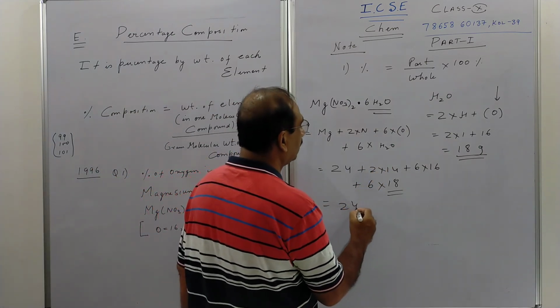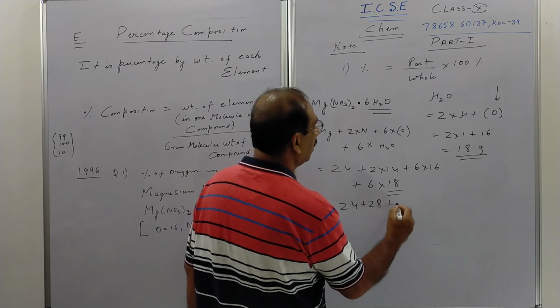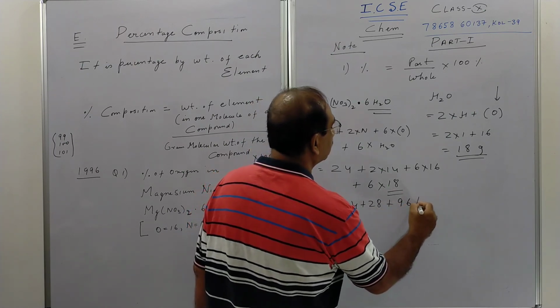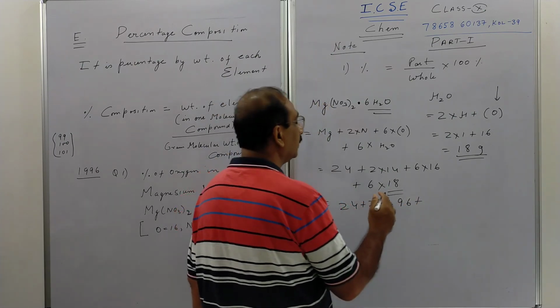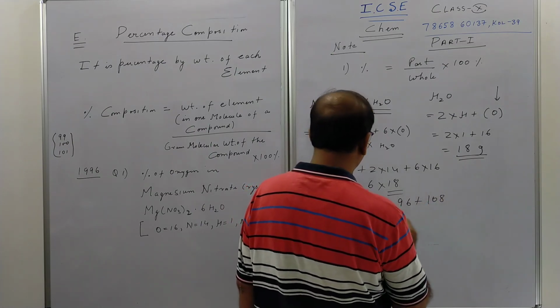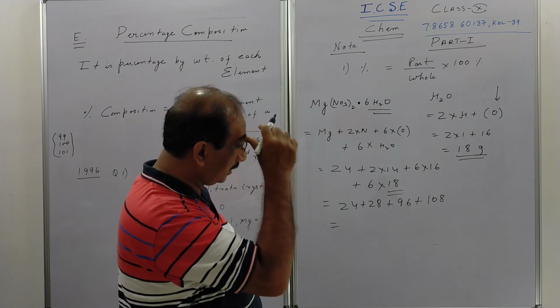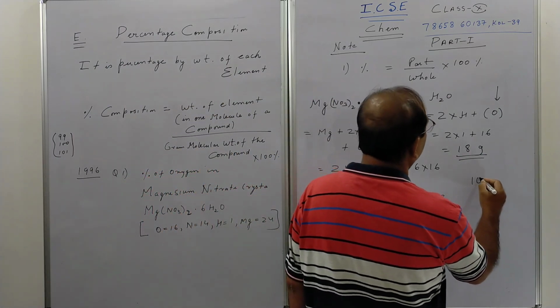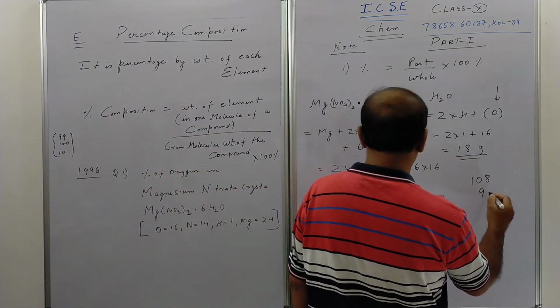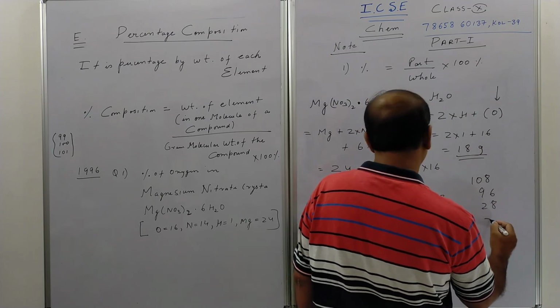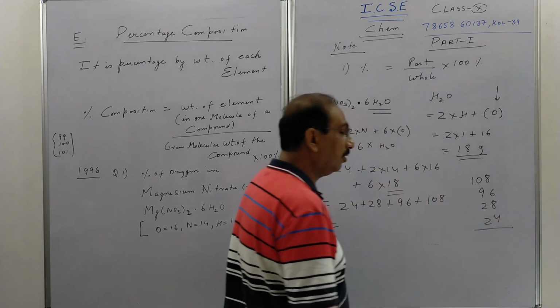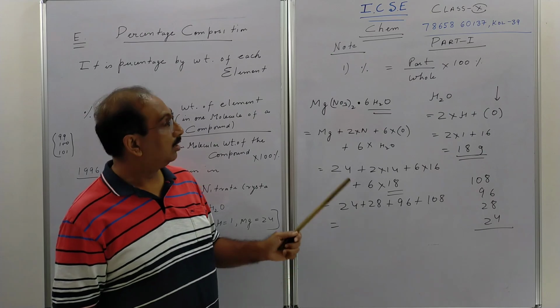So if you add 24 plus 28 plus 96 plus 108, okay, 6 18s are 108, 6 16s are 96. If you add all of them, children, we will get the molecular weight of magnesium nitrate hexahydrate.